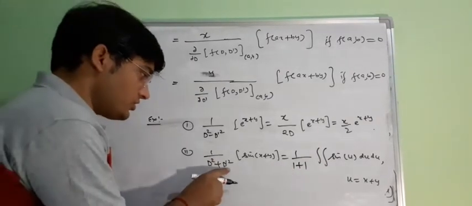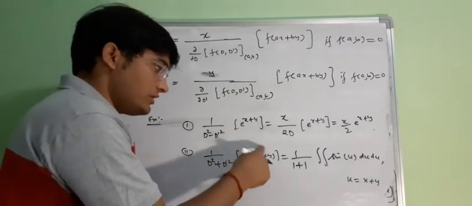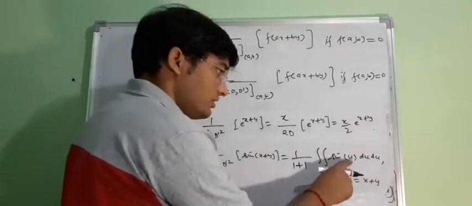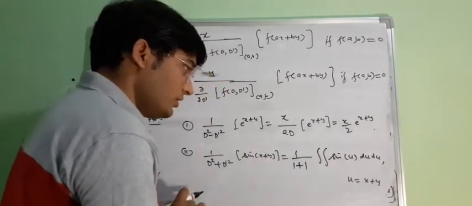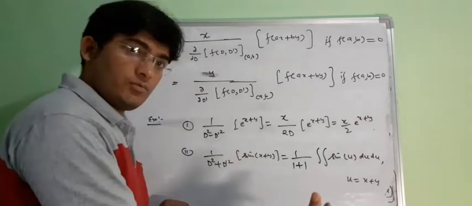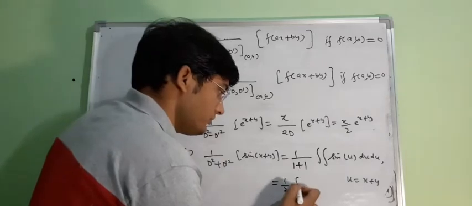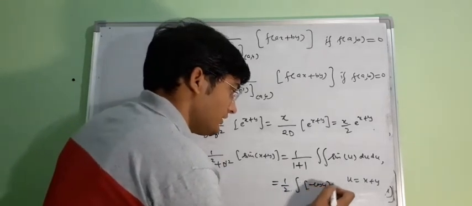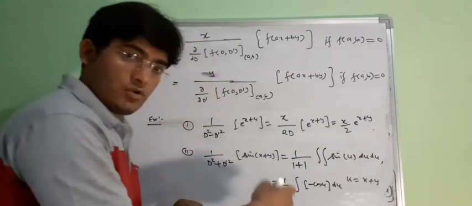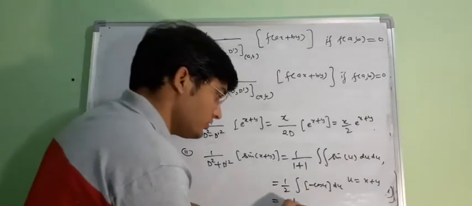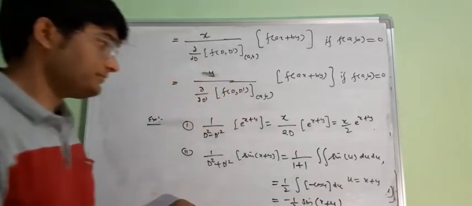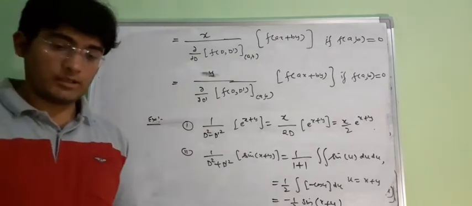Now as the degree of this term was 2, we integrate this term with respect to u 2 times. The first integration of sin u will be minus cos u, and then again integrating, the integration of cos u will be sin u, where u was x + y. So this will be your particular integral.